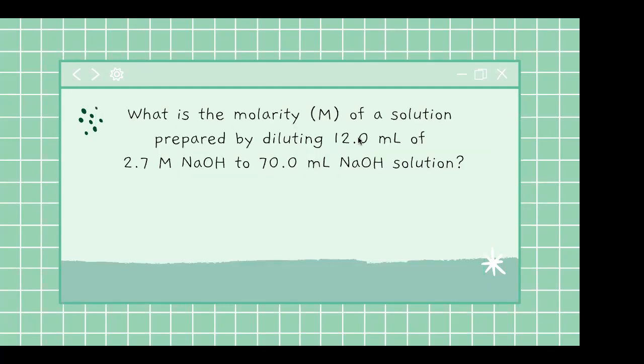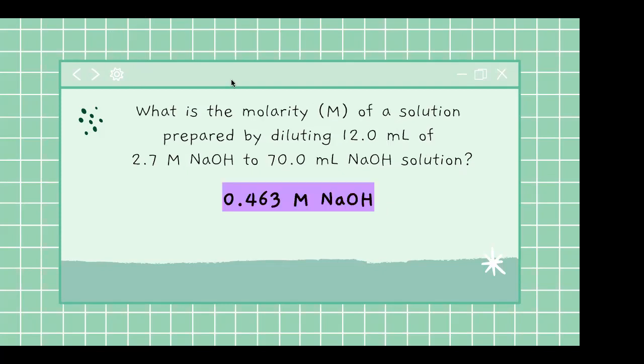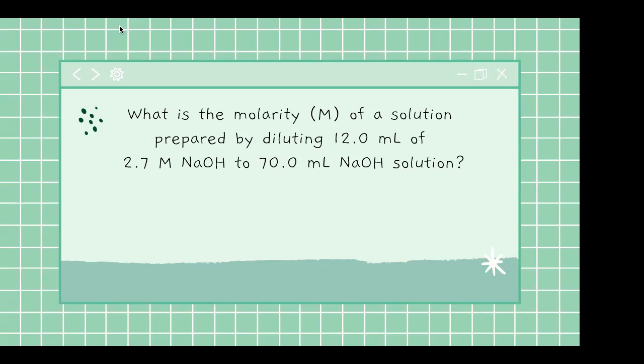So what is the molarity of a solution prepared by diluting 12 milliliters of 2.7 NaOH to 70 milliliters of NaOH solution? Whenever you're dealing with these problems, this helps us a lot indicate which are the pairs, right?